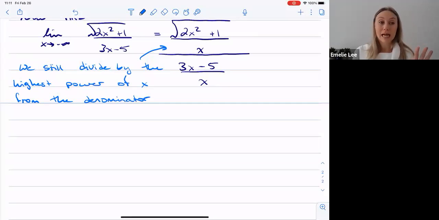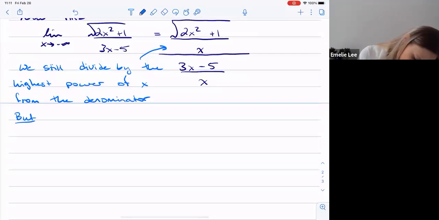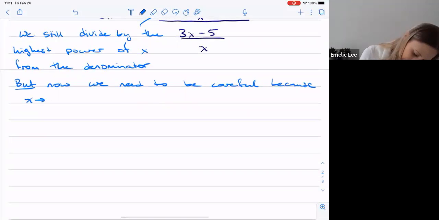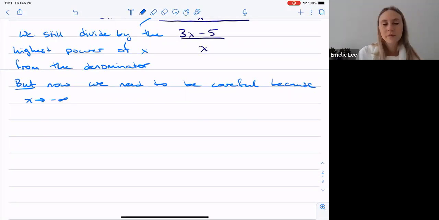Okay, but we need to be really careful because now x is going to be negative, right? It's going to negative infinity. So x is now negative.